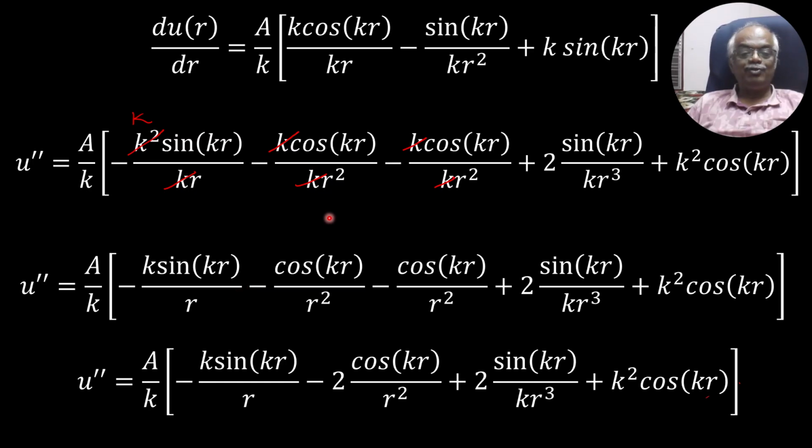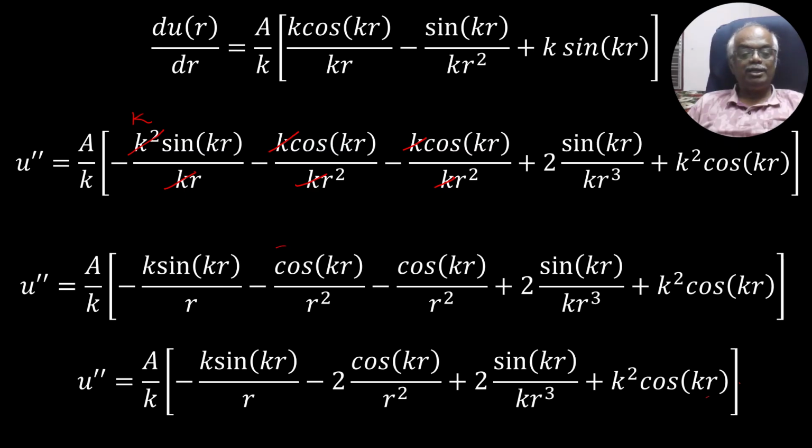So this will become minus k sin kr over r minus cos kr over r squared, and the third term also minus cos kr over r squared, and the last two terms we are keeping as they are.